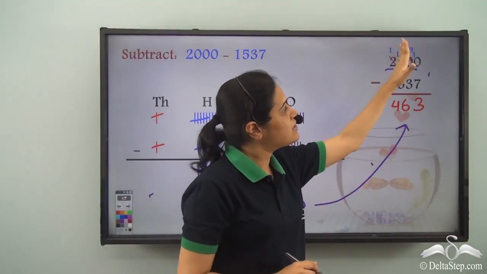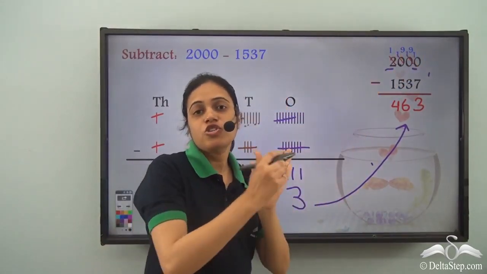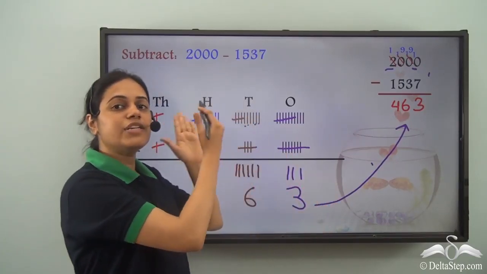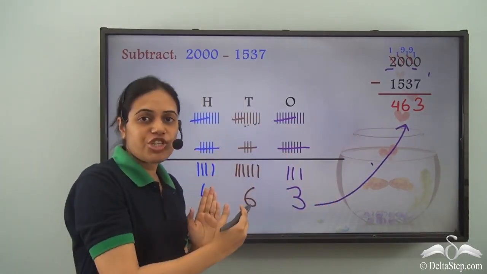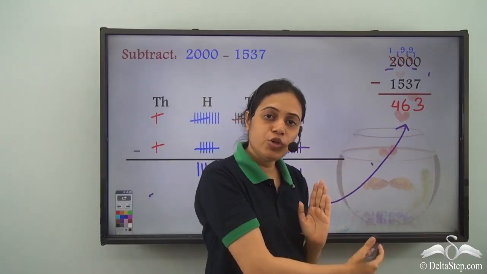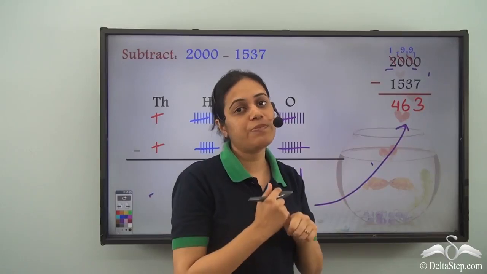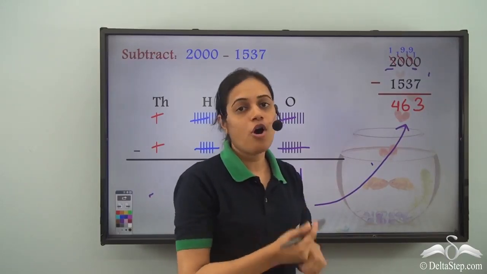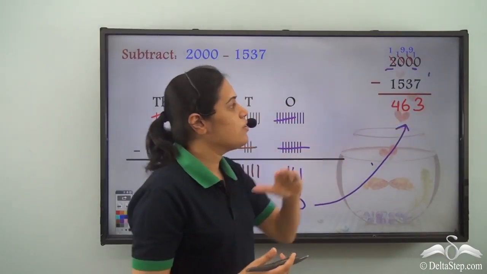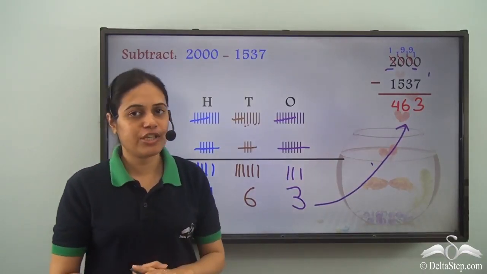Then this will ask the 0 in the hundreds place. So each digit will borrow from a digit to the left and each digit can only lend to the digit to its right. This is the basic rule of subtraction when you borrow or lend. So this is how we can subtract two 4-digit numbers.